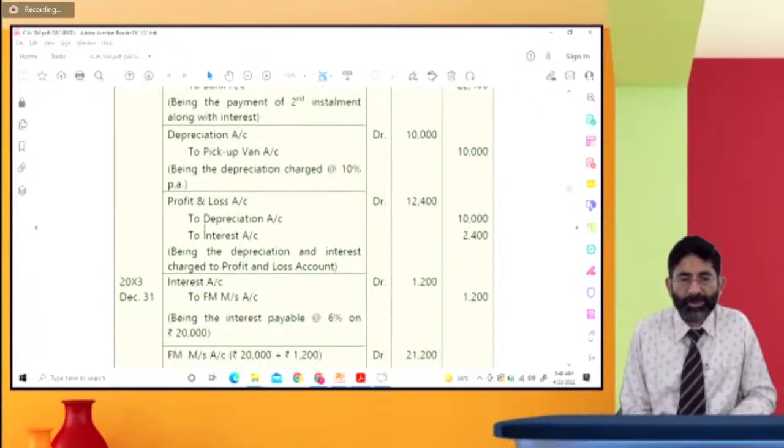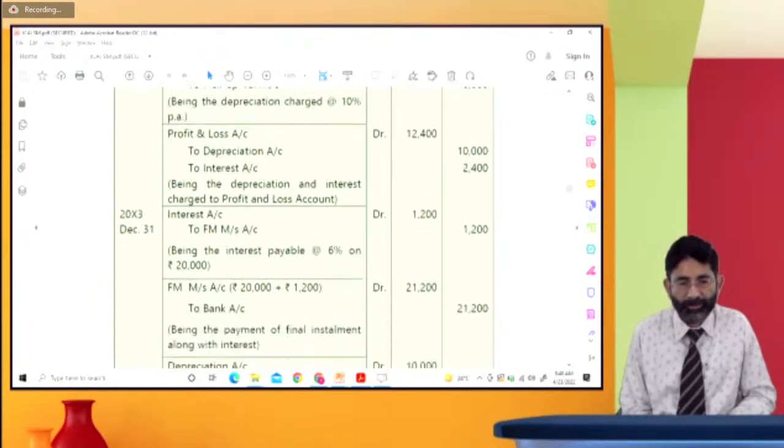Then depreciation to pickup van, this is the charging of depreciation. Then we have written off depreciation and interest. Very good. In the same manner, entries for the third year will be passed.